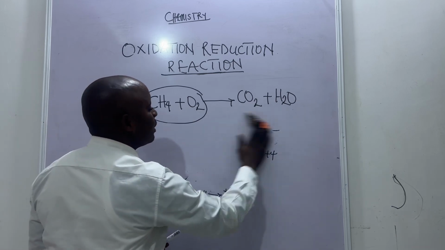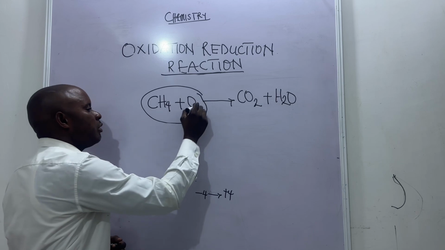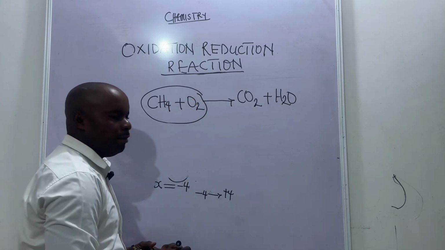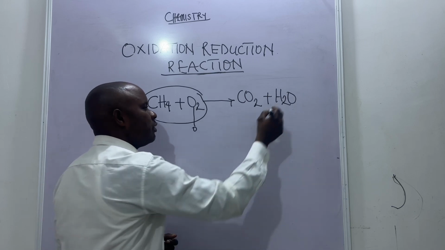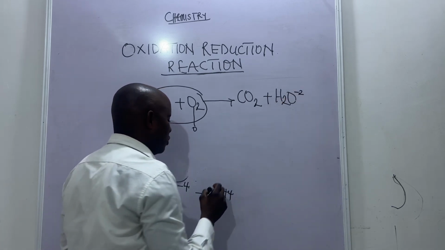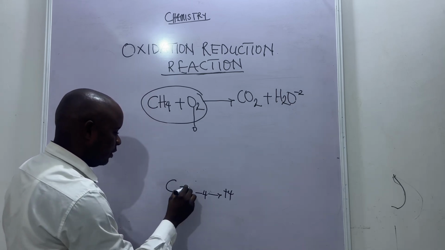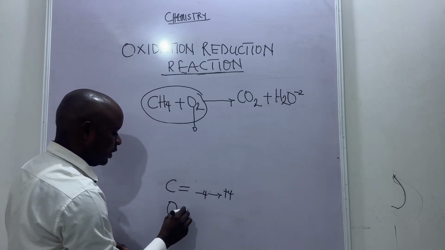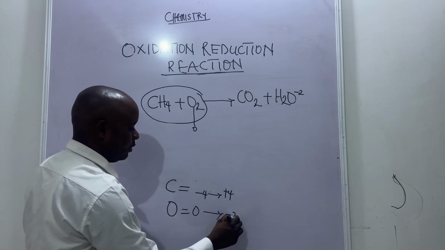The other reactant, we said oxidation state of a free uncombined element is 0. Here, the oxidation state of oxygen in a compound is -2. So the oxidation state of oxygen, this is for carbon. Oxidation state of oxygen moves from 0 to -2.